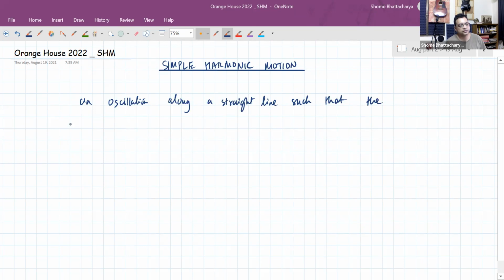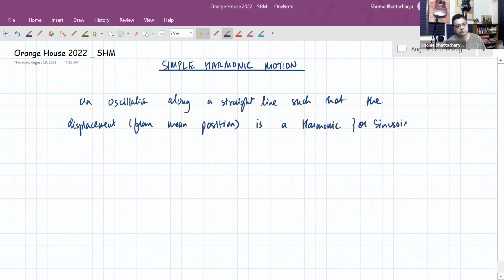the displacement from the mean position is a harmonic, or another word for that is sinusoidal, function of time.